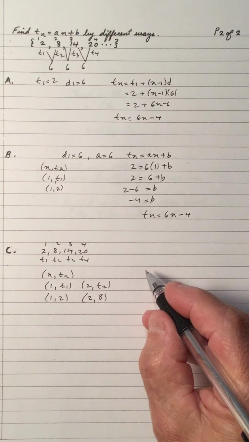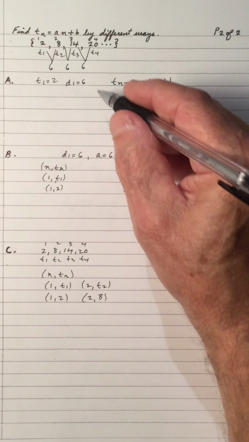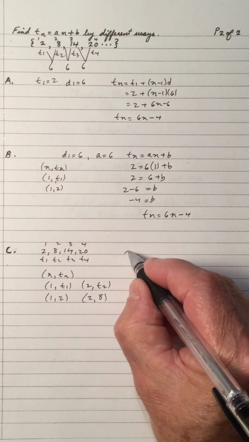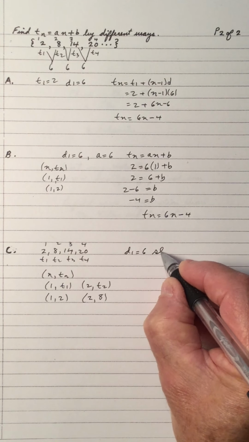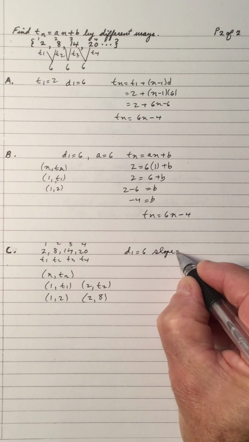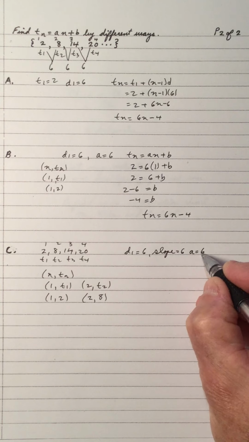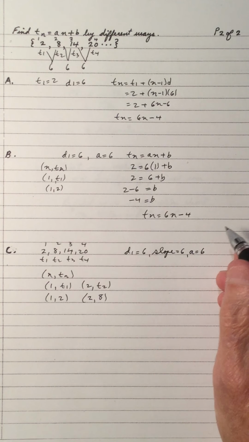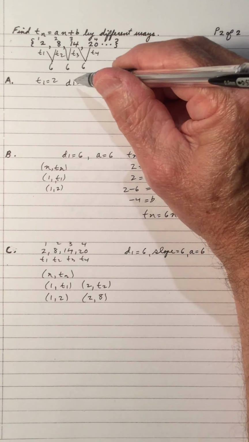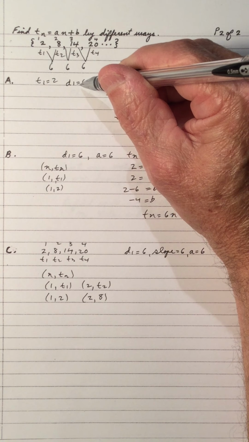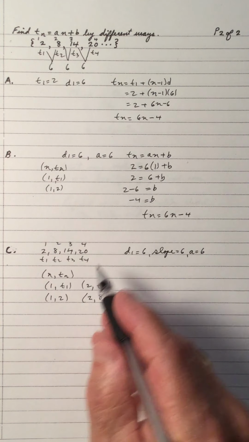That means that we have a slope. So there are two ways we can find the slope. D1 is 6, which means the slope is 6, and we also came up with A being 6 in the previous video.